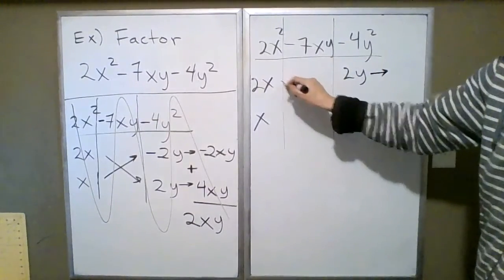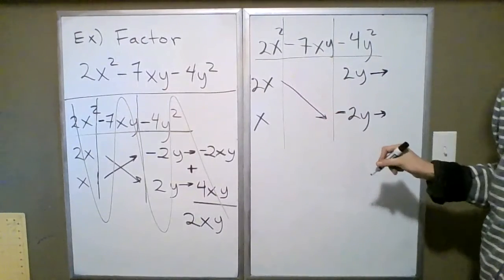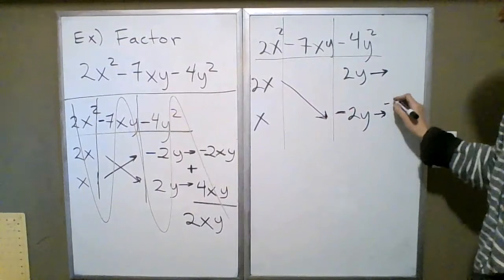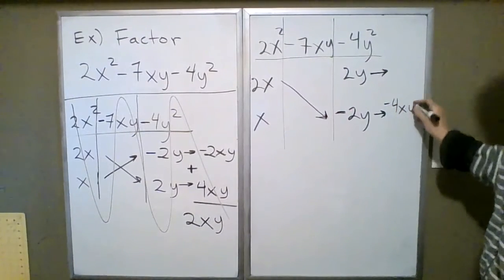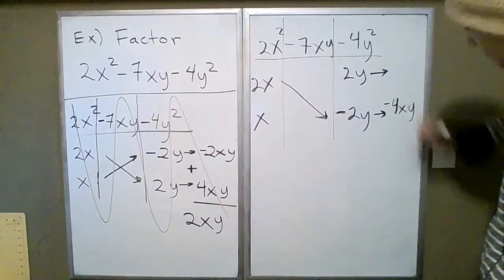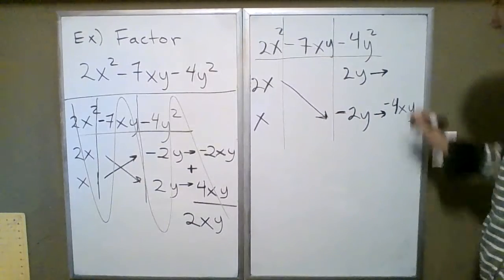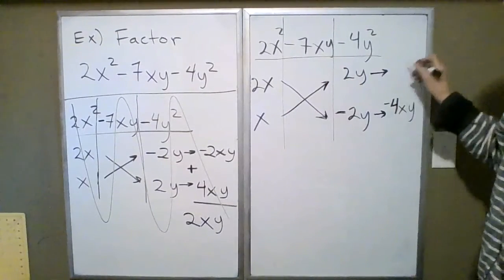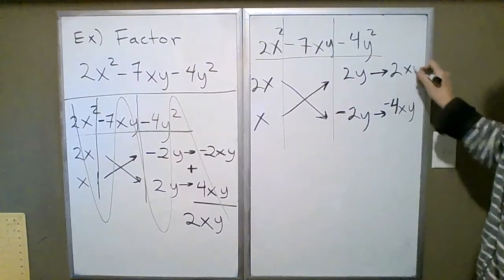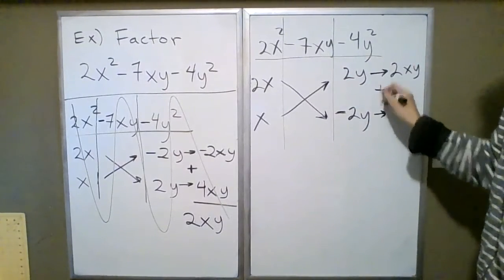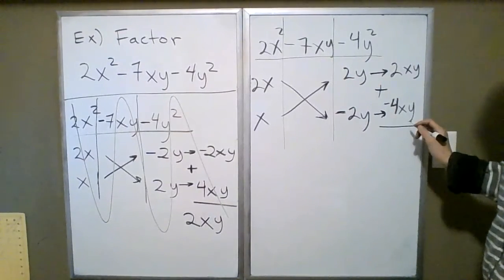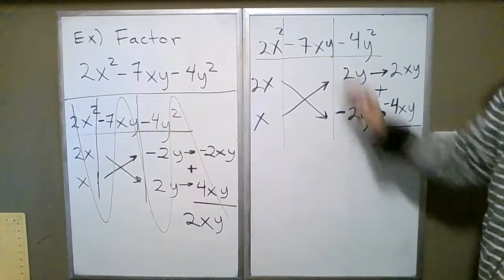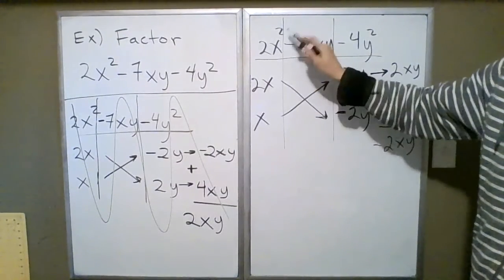So you go across, 2x times negative 2y is negative 4xy. And x times 2y would be 2xy. Okay, so that's not going to work. If I add these together, I would get negative 2xy, and we want negative 7xy. So let's try that again.